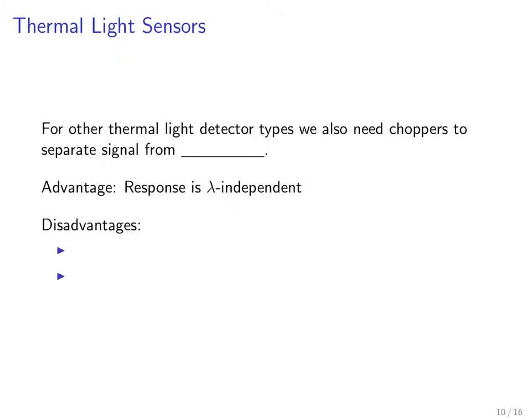And it turns out that for the other thermal light detector types, such as the thermopiles and the bolometers, we also need choppers to separate signal from ambient temperature. So for a slightly different reason, not because we won't get any signal when we have a constant exposure to the source, but because we won't be able to filter out the signal that we're getting from ambient temperature from the signal that we're getting from the source.